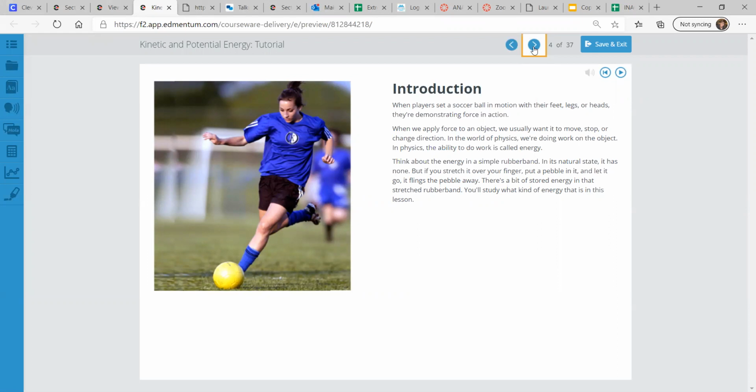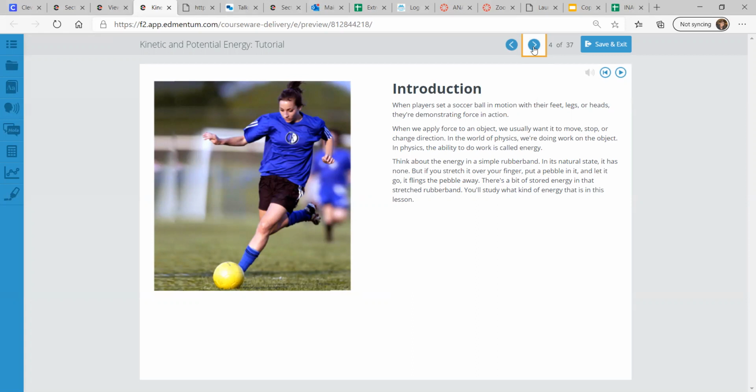So think about the energy in a simple rubber band. In its natural state, it has none, right? If it's in a drawer full of rubber bands, they're not exerting a force. They're just laying there.